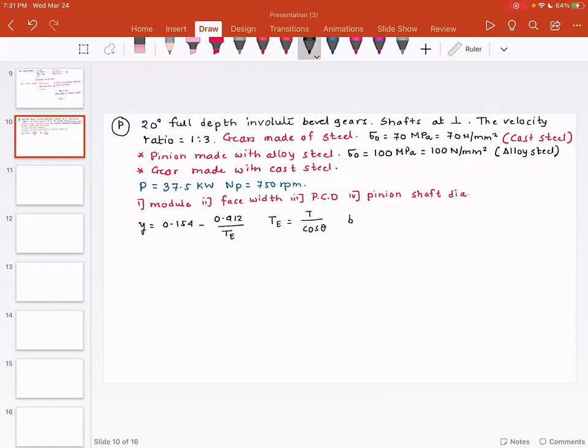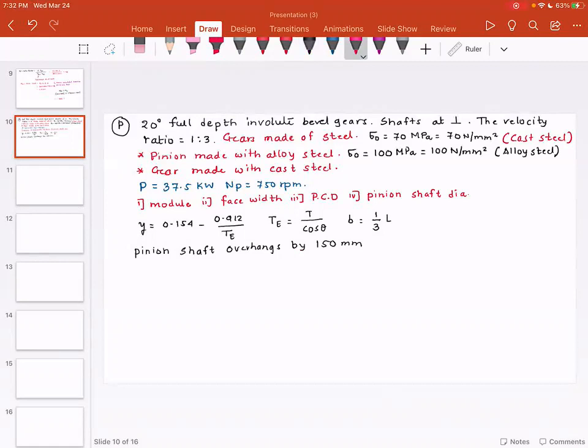Face width B is equal to 1/3 of L. And they have stated that the pinion shaft overhangs by 150 millimeter.